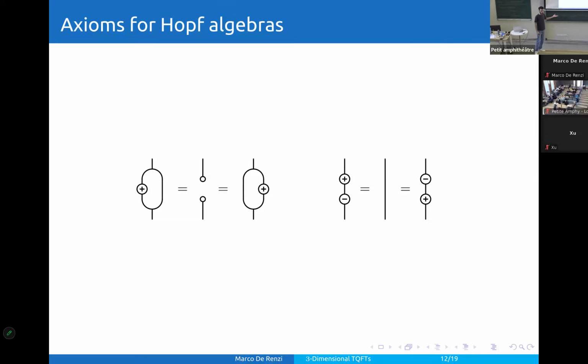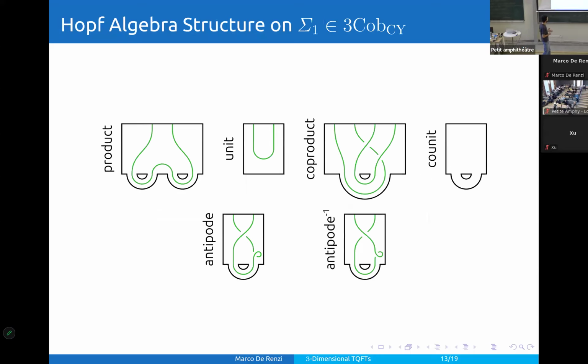Well, a topological reason for their omnipresence is that this category of cobordisms that I'm focusing on has a monoidal generator, which is a Hopf algebra itself, already in the category. And the structure morphisms for the Hopf algebra structure in this category are these ones. This is a product, this is a unit, this is a coproduct, a co-unit, and the antipode with its inverse.